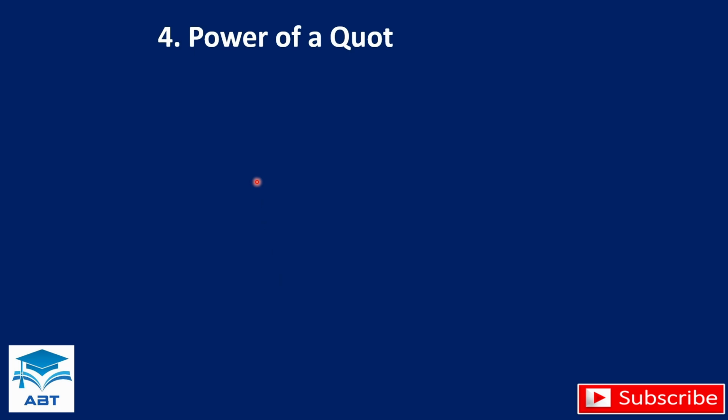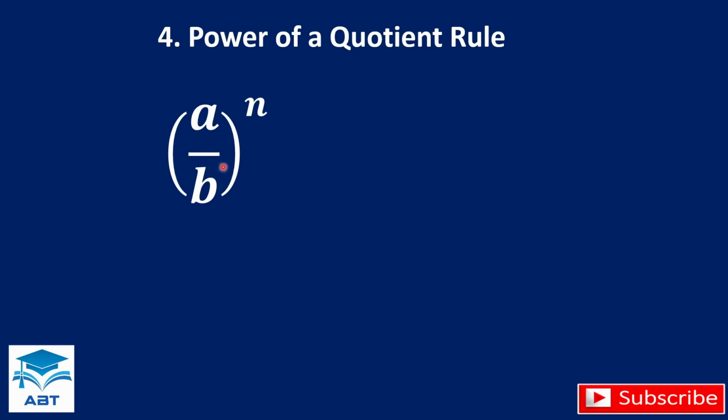The next one, we have power of a quotient rule. Let's assume we have a divided by b all raised to the power n. Since a and b are all in the bracket, then this exponent is going to affect each of them.